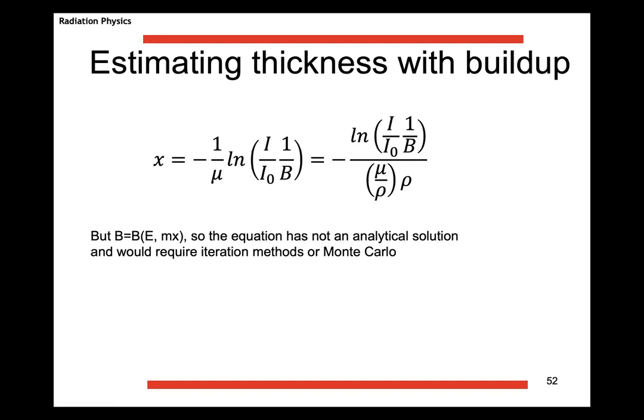On the other hand, we can now try to estimate the thickness with the build-up factor. Of course, the problem can be opposite. Let's say I measure radiation in this point in my room, and I have a source in my room, which I don't recommend.